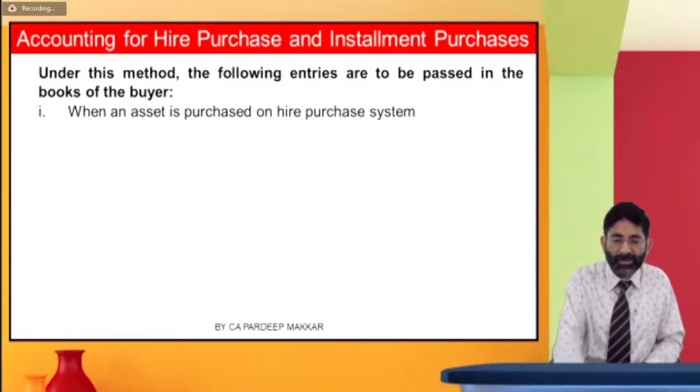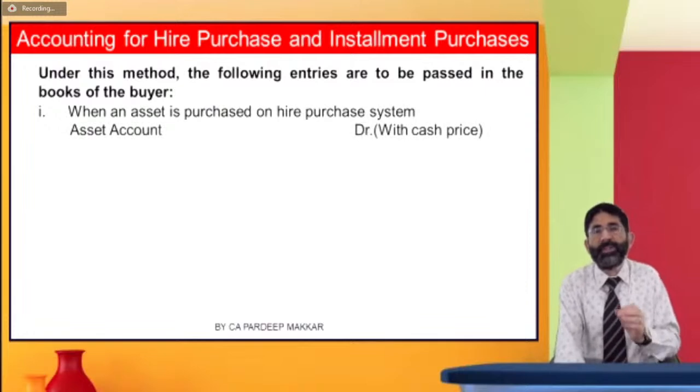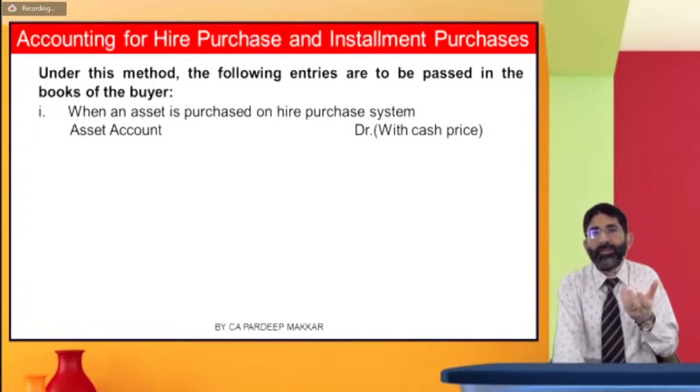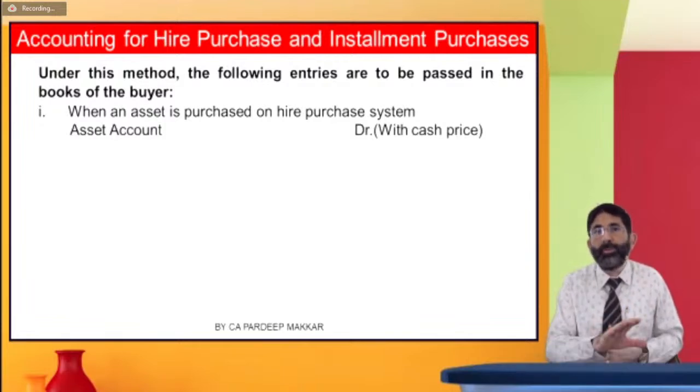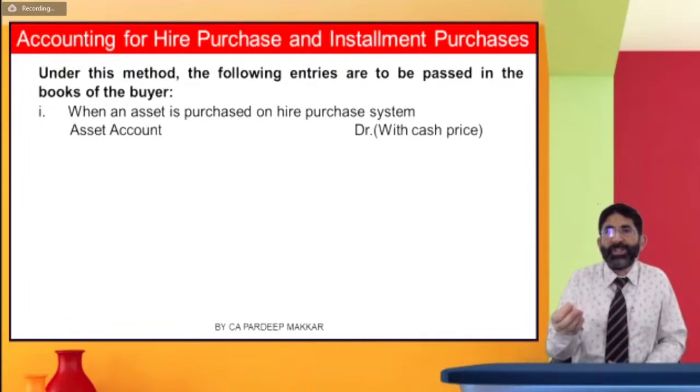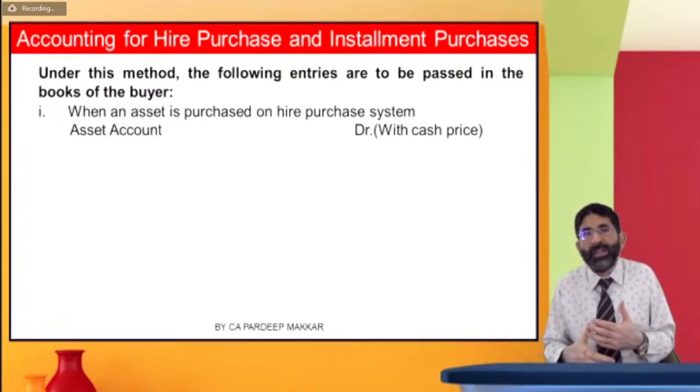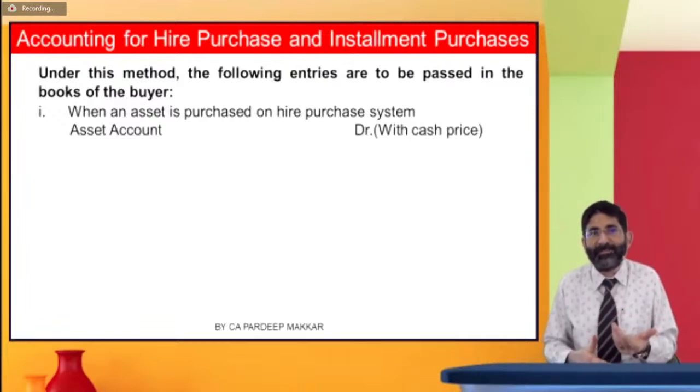So when an asset is purchased on hire purchase basis, he will assume that I have purchased an asset. Obviously, when goods are purchased, I am assuming it as my asset, because it is not my business to purchase goods and sell them. If I were purchasing goods to sell them, then obviously I would not purchase them on hire purchase basis.